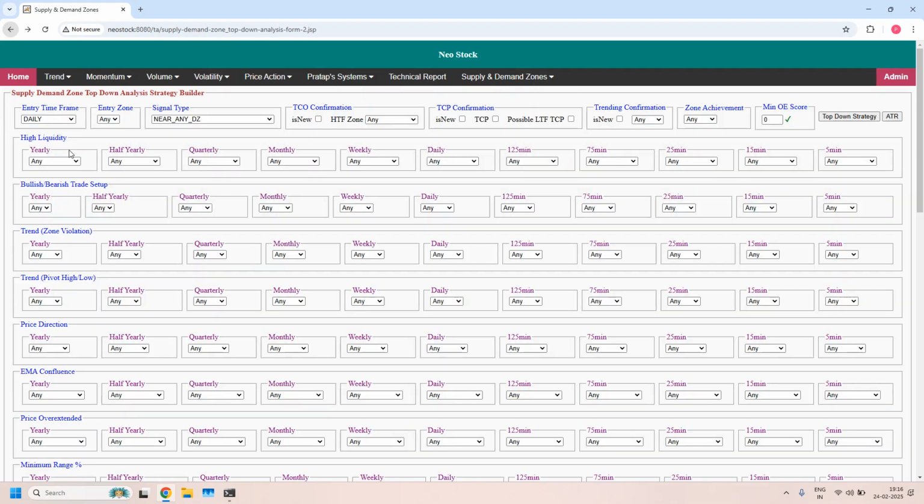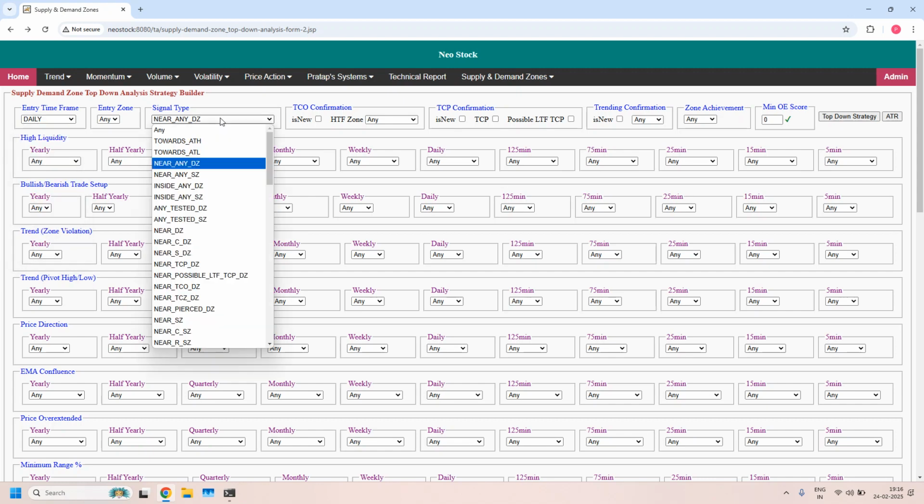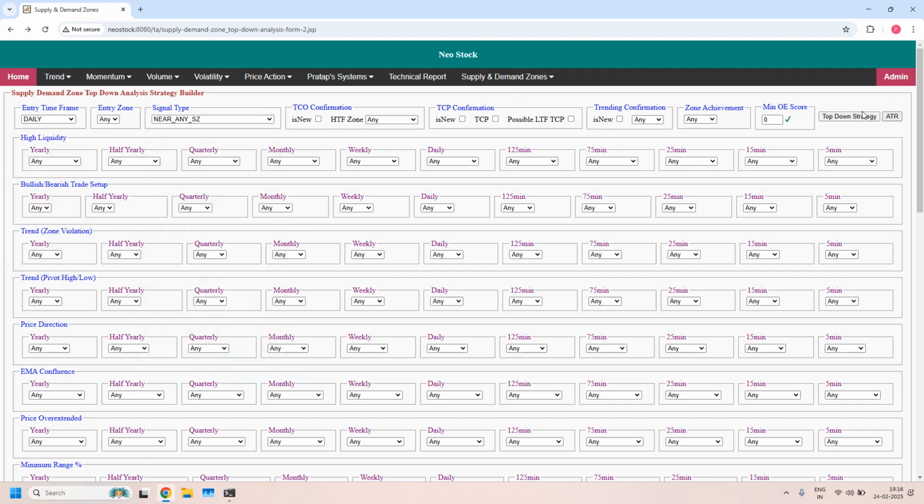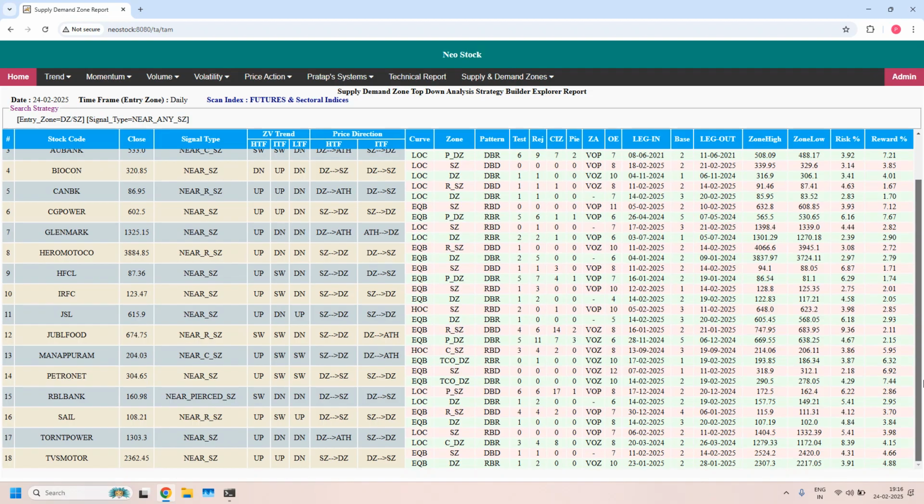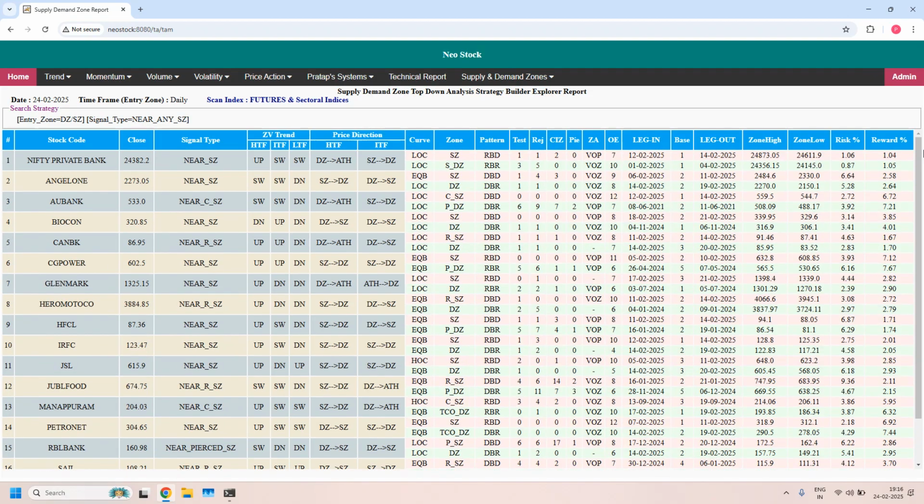Okay, next, for daily time frame, stocks near daily supply zone, we got 18 stocks. Let us identify high liquidity supply zones from this list. AU Bank is having a daily high liquidity supply zone. Canara Bank is having a high liquidity daily supply zone.